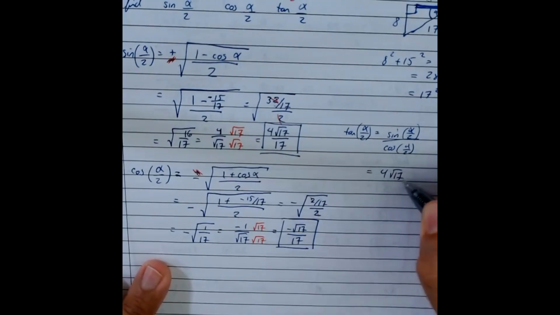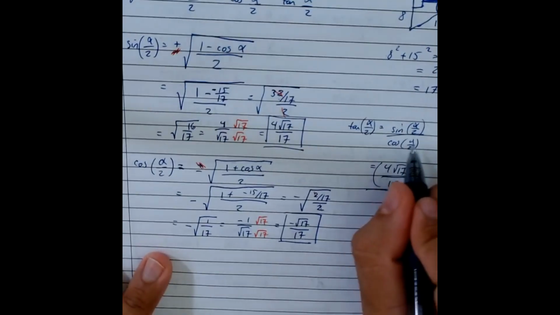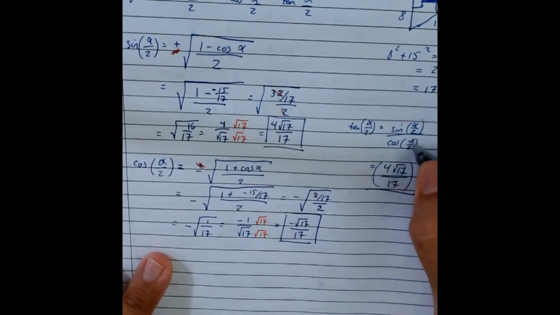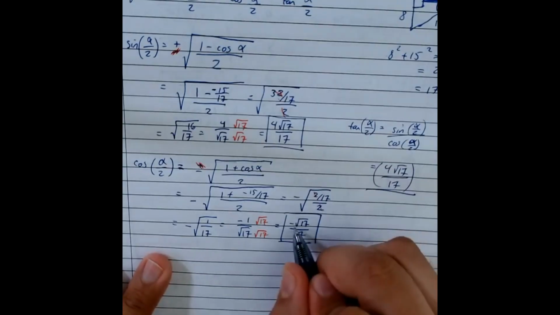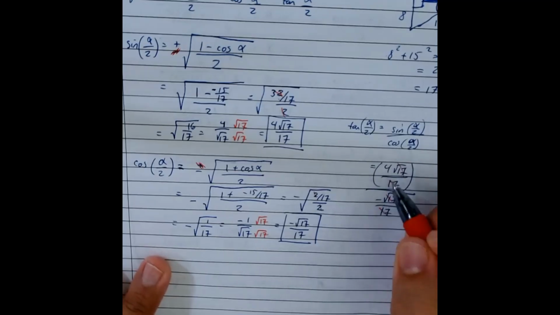root 17 over 17. And then over cosine of alpha over 2, that's going to be negative root 17 over 17. Here the root 17's divide away, the 17's divide away, and you're left with 4 over negative 1. Since everything divides away, that's just 1 right there.